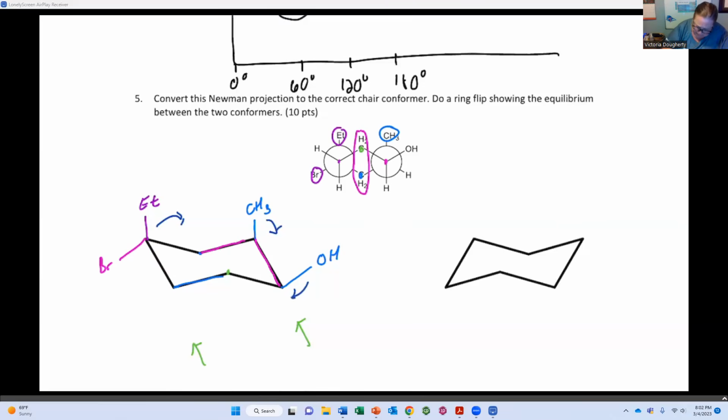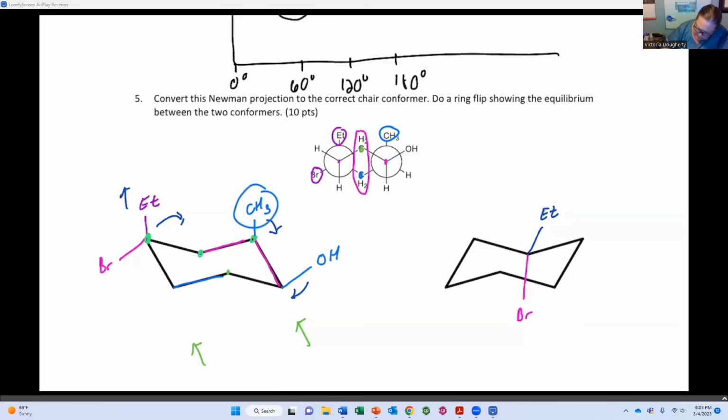So my ethyl is up over here. It's up axial, so it needs to remain up, but equatorial. Bromine is down equatorial, so it's going to go down axial here. Paying attention to one, two, three carbons away is my methyl.